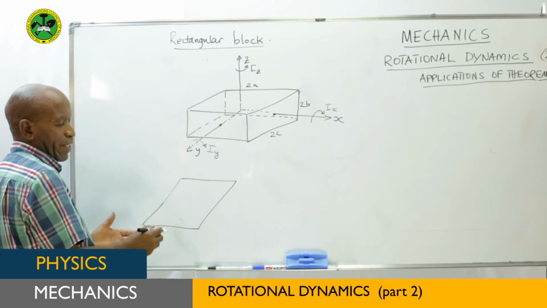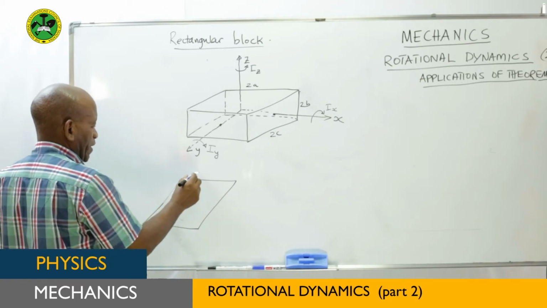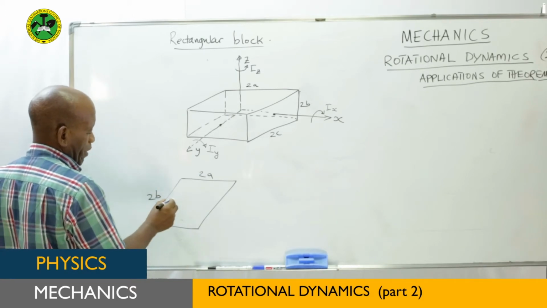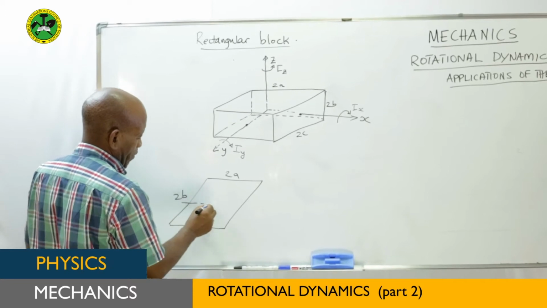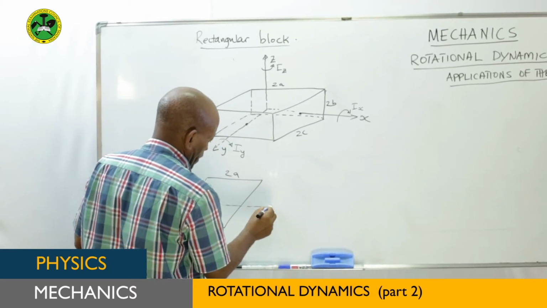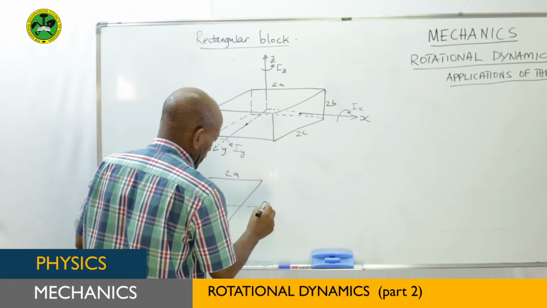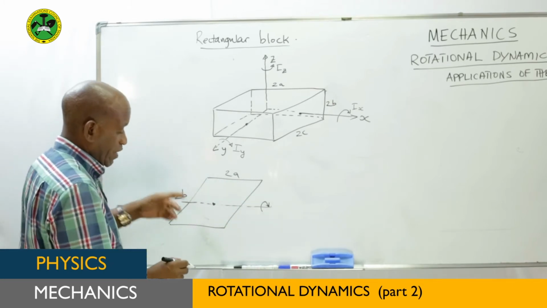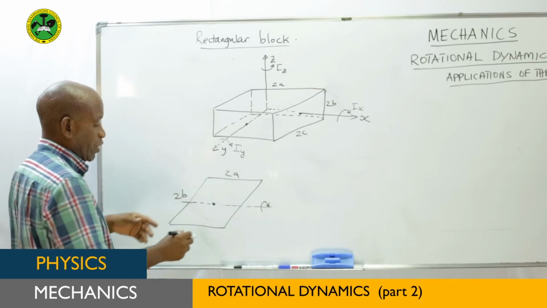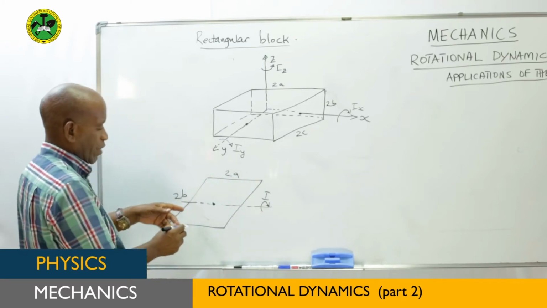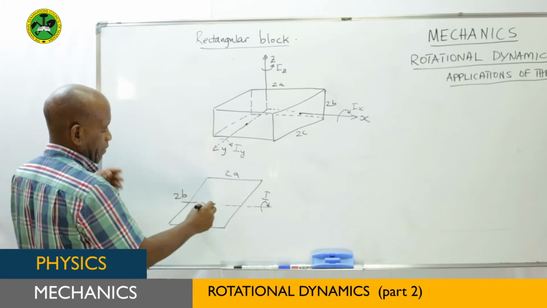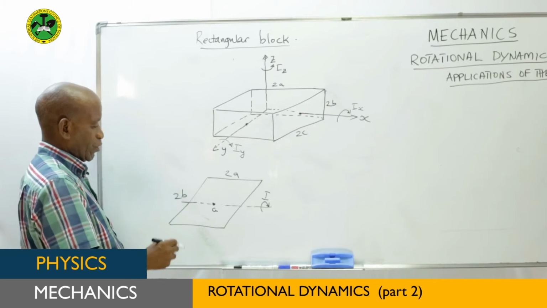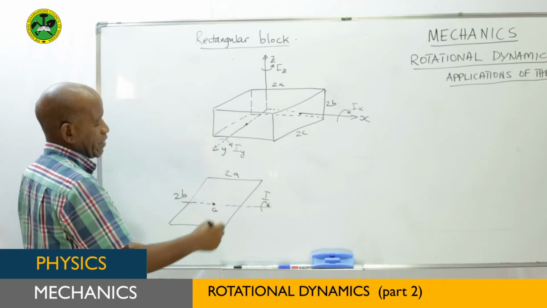If this is like a cardboard with a side 2a and here 2b, we need to determine the moment of inertia whenever it's rotated about an axis passing through its center. So you need to know how to obtain the moment of inertia when you are rotating this body about that axis, passing through the center of gravity, an axis lying over the plane.